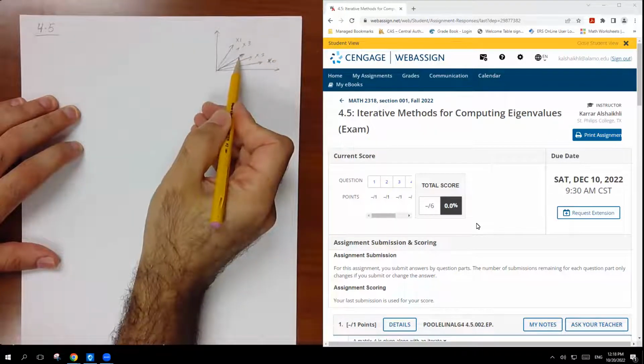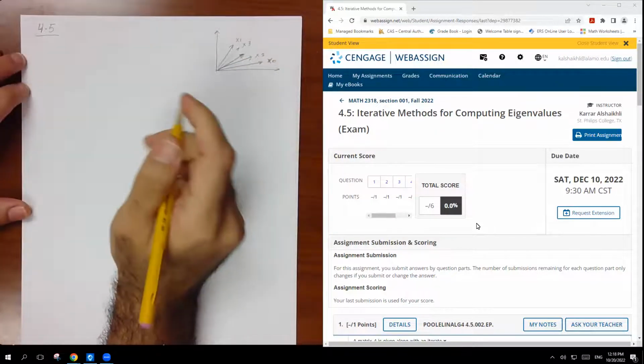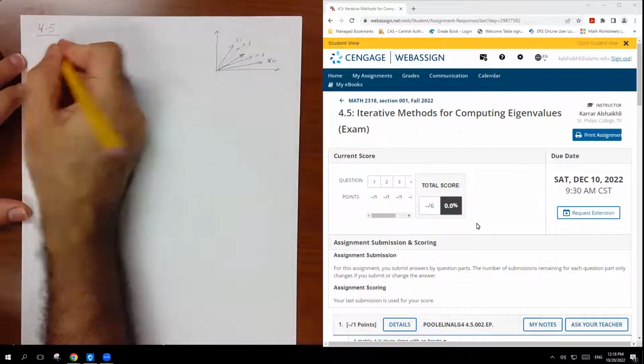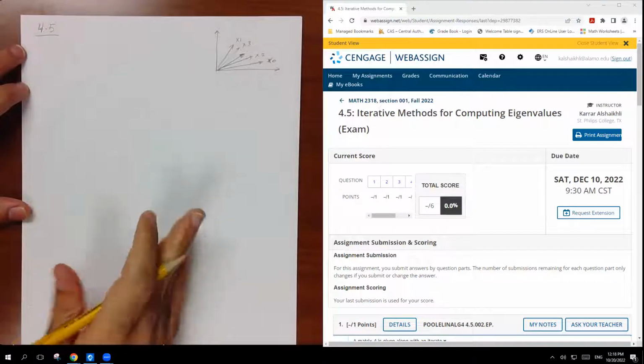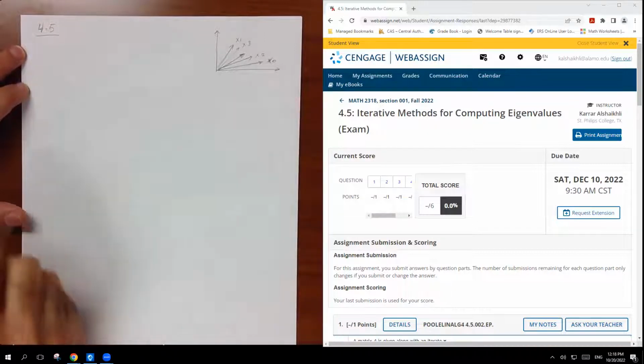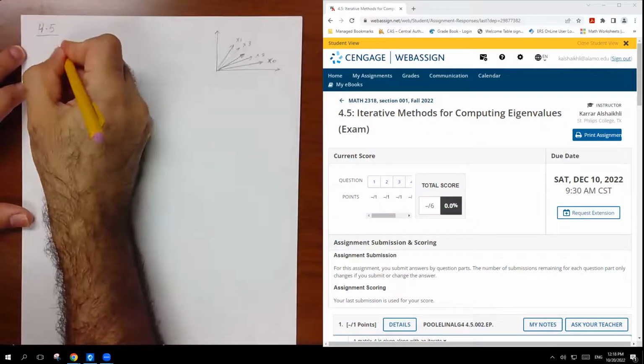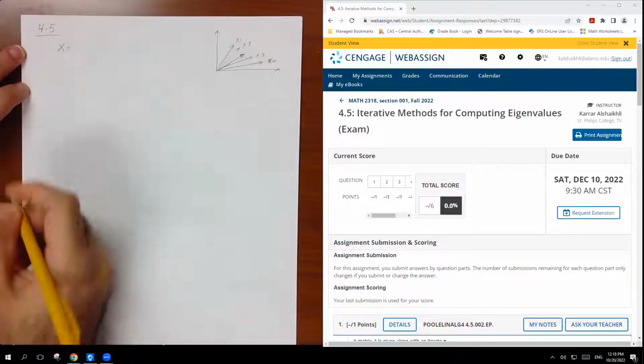How does this work? We start with an initial value x0, and especially in this section, you can choose any initial value to approach the exact eigenvalue.